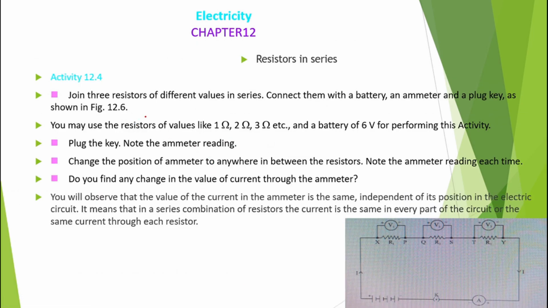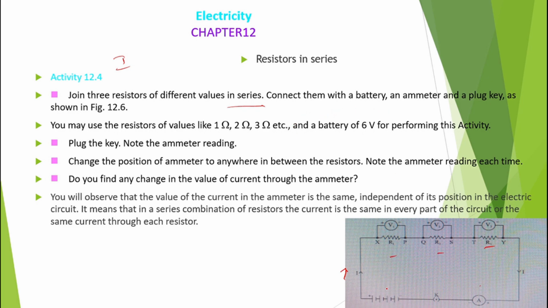See activity 12.4, where we are measuring the current. We supply current through the resistors, and he is going to find out whether you get the same current in the ammeter or not. Join three resistors of different values, R1, R2, R3.